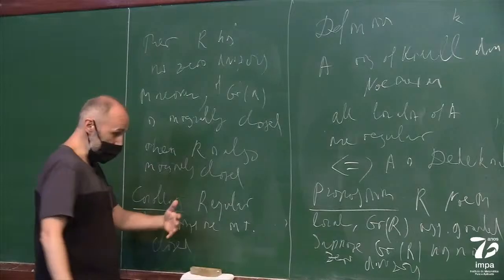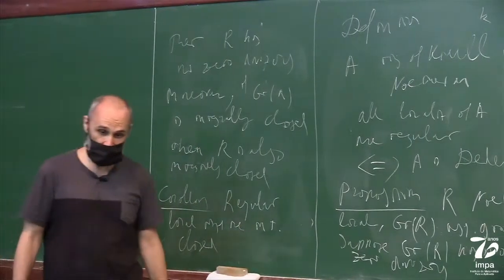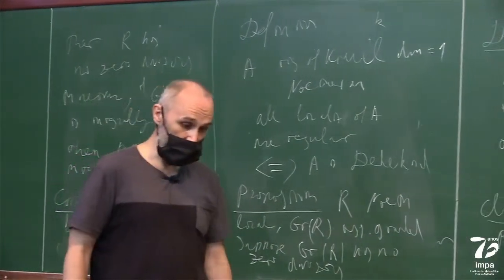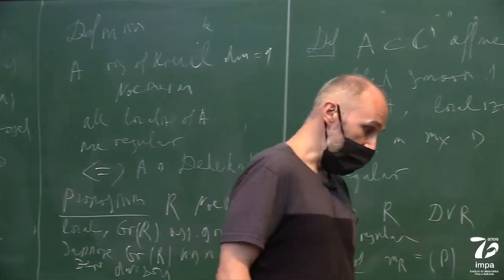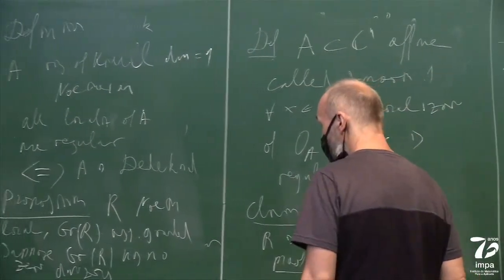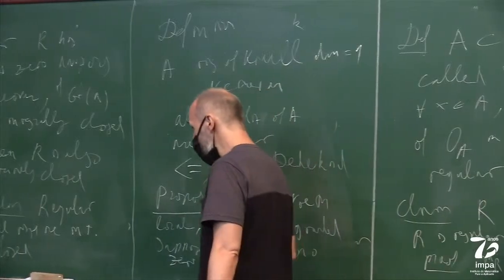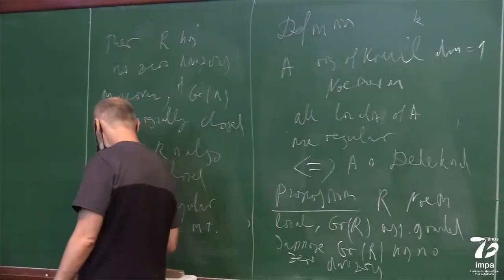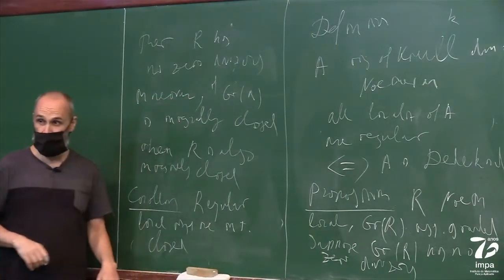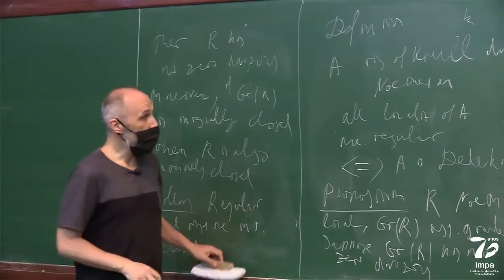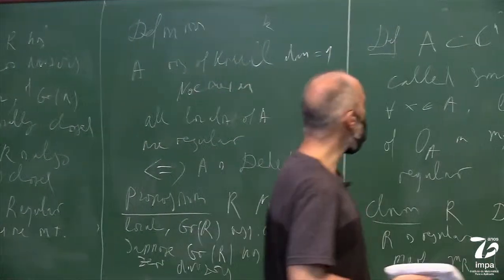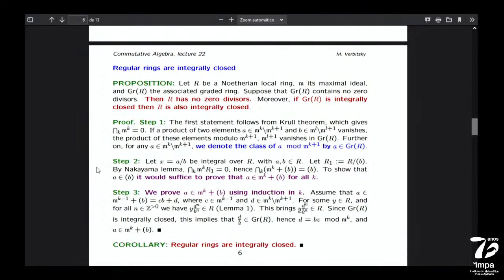But this is more general, for all dimensions: if your ring is regular, then it is integrally closed. The converse is false. Let me also give you an example of something which is integrally closed but not smooth, not regular.